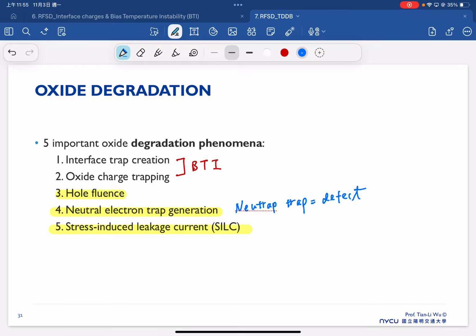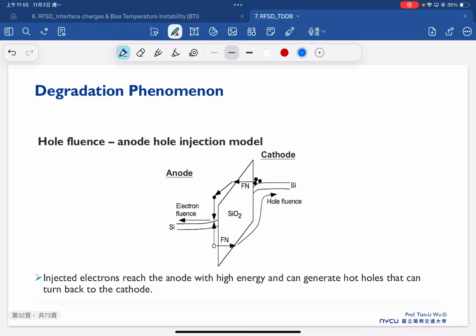So the first one we will talk about is the hole fluence, which comes from what we call the hole injection model. Although this is a very old model, older than my age, we still use this model to explain lots of phenomena.